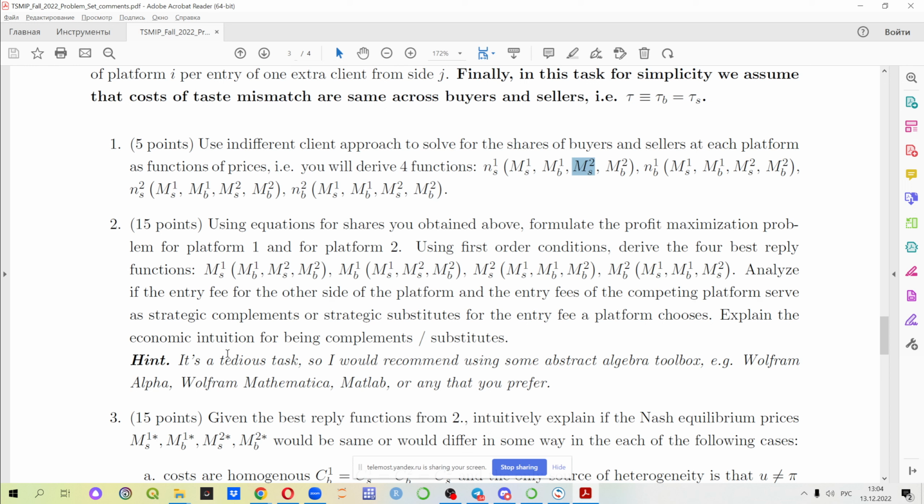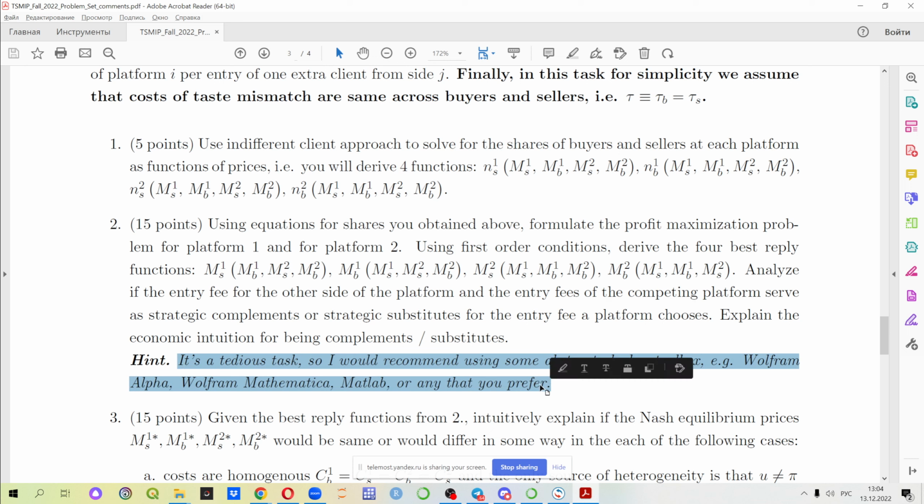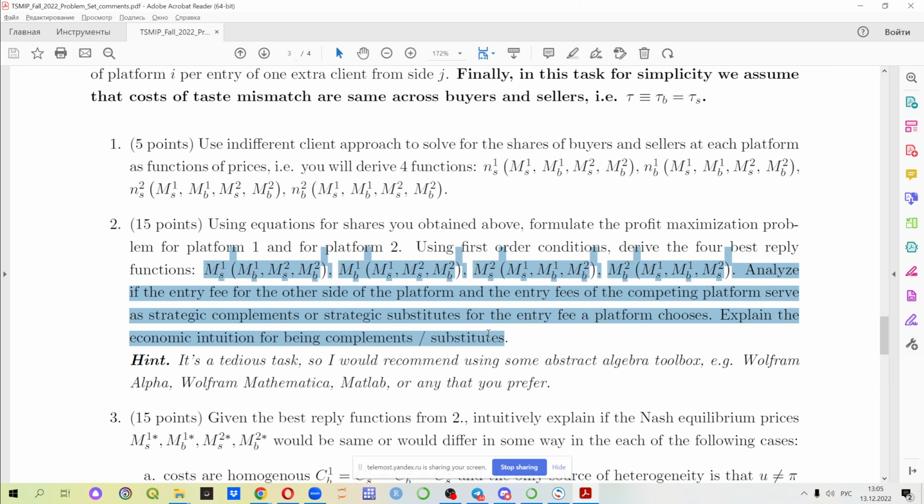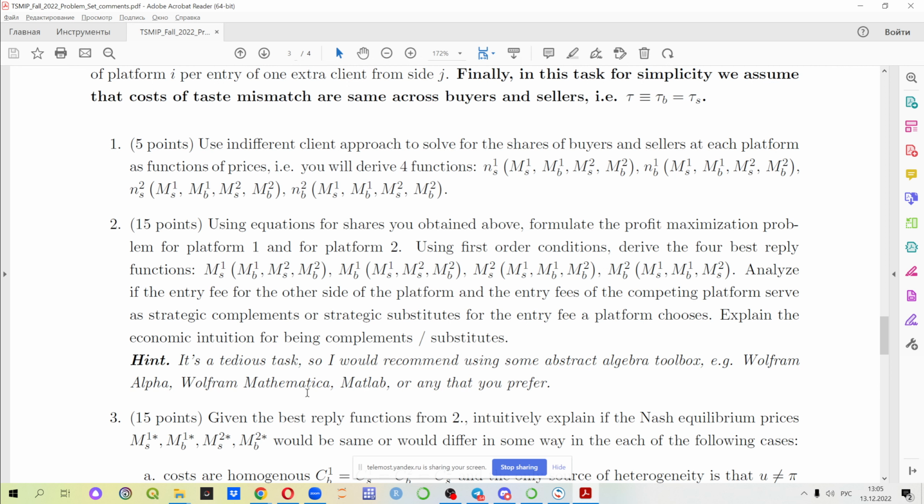About this comment, are we allowed to use, for example, Wolfram for our solutions? Yeah, I think some graphs will be a fine illustration for how they behave. Is it only for graphs or for those calculations as well? I don't remember specifically.